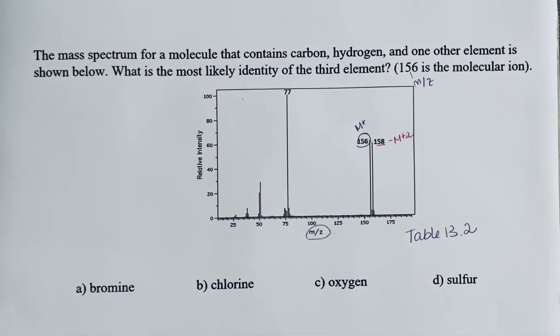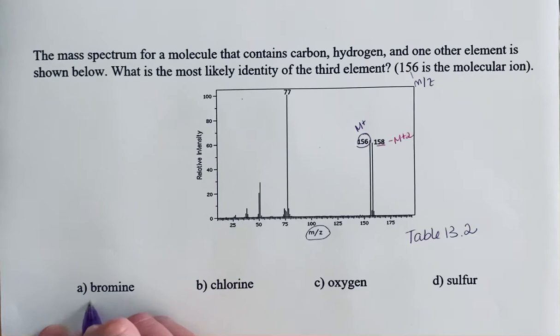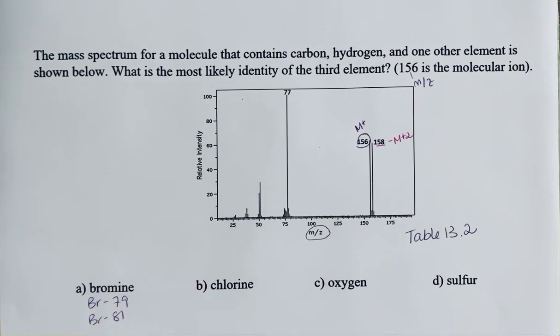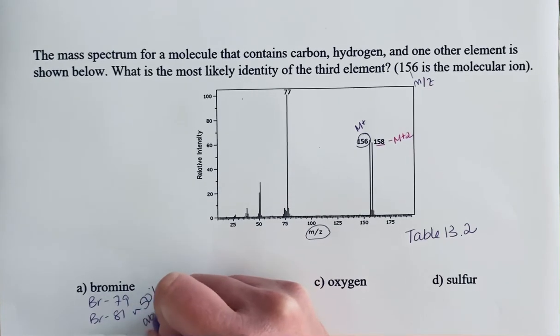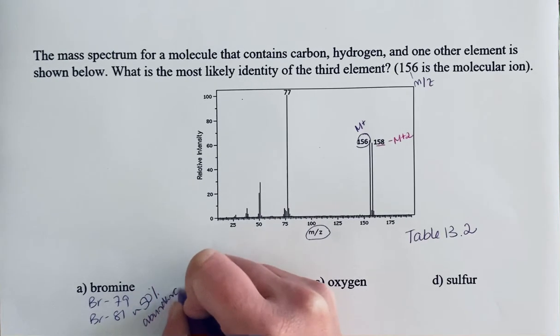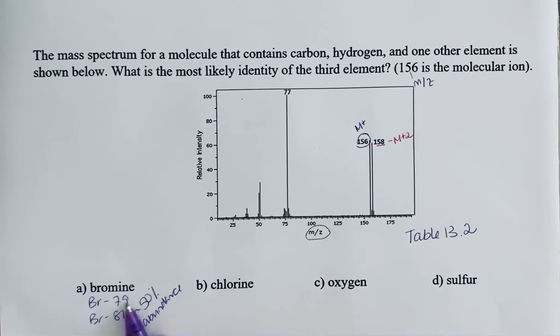If we take a look in there, we're going to find that we have bromine 79 and bromine 81. We're not going to write down the exact value; these both occur in roughly 50% abundance. So we've got bromine 79 and then 2 mass units heavier, that's where we'd have the M plus 2. All of these are going to have isotopes that are 2 mass units apart.